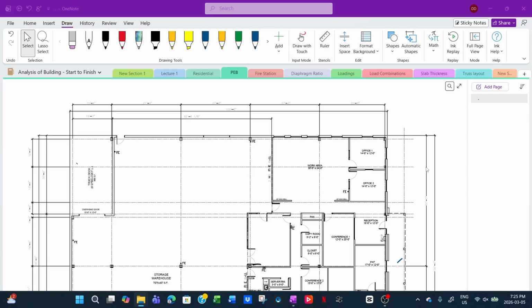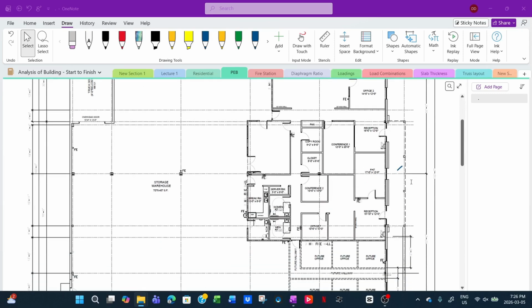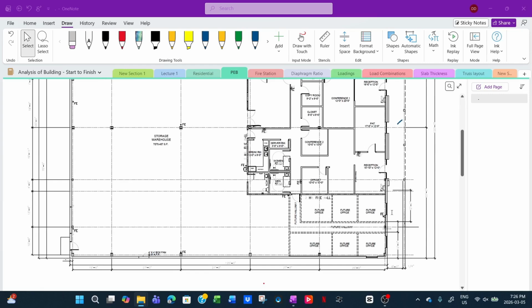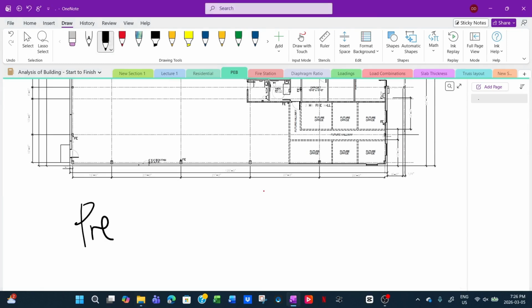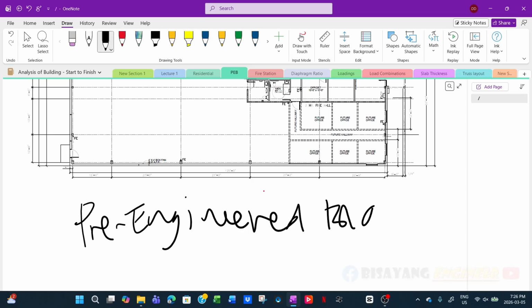So most of the time, if it's a warehouse or a shop, it will be a pre-engineered metal building.